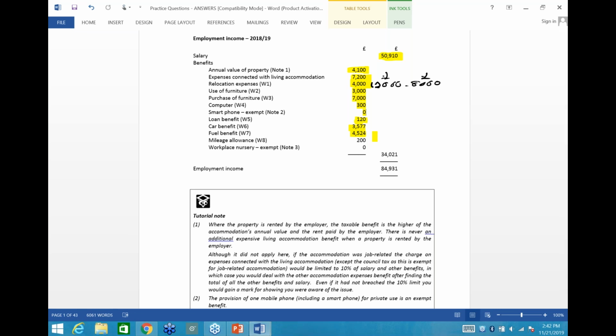On 5th of December 2018, the company discontinued the company car scheme and sold the car to Rita for 5,000 pounds, its market value at that date. Remember, normally when you purchase an asset below the market value, it gives you a benefit, but that calculation is not applicable to motor cars.